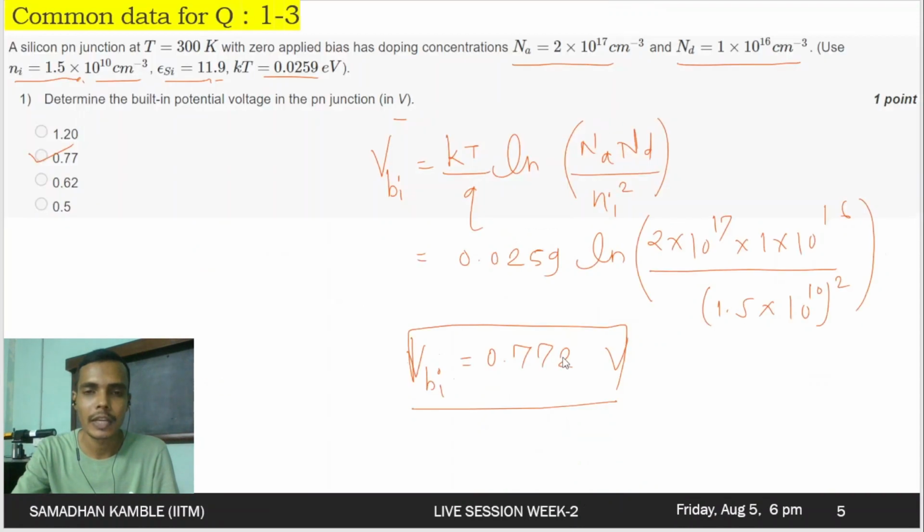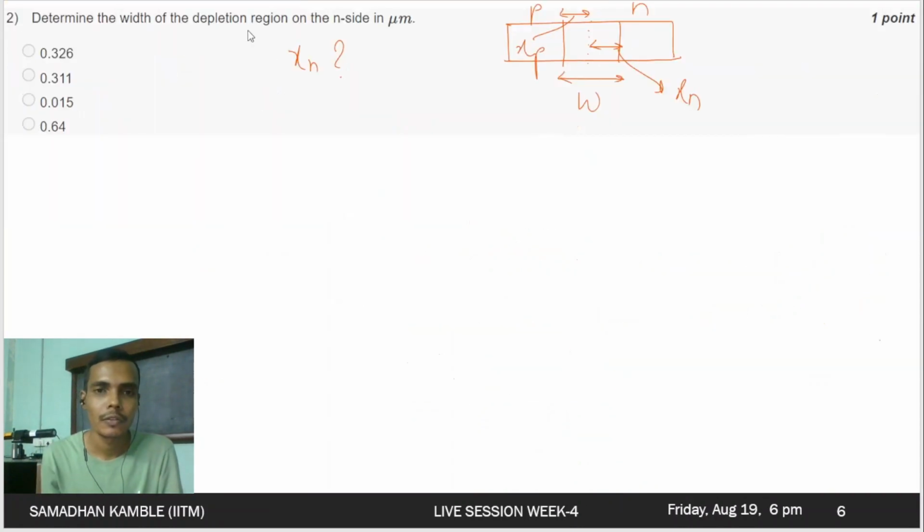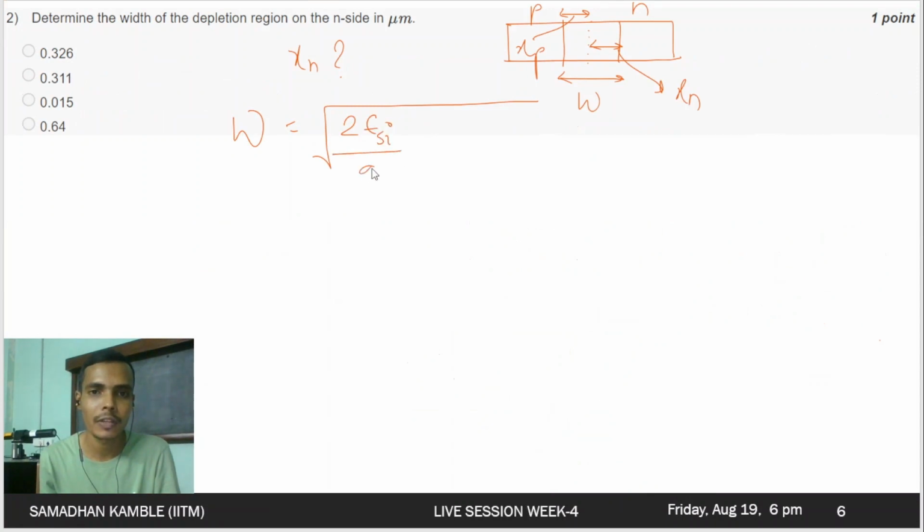So W, the total width, is 2 times epsilon of silicon divided by charge, times Na plus Nd over Na times Nd, times the built-in potential.